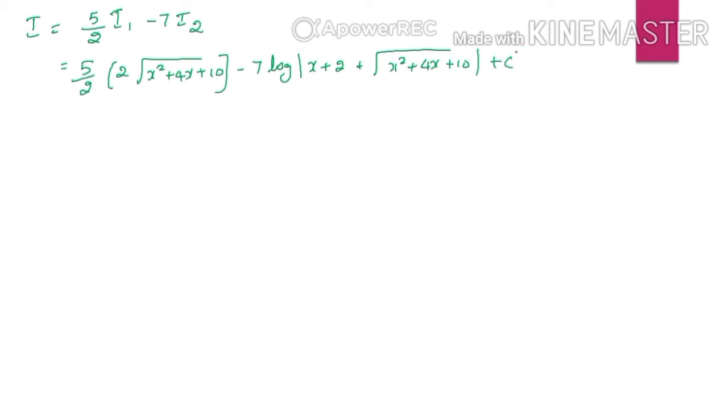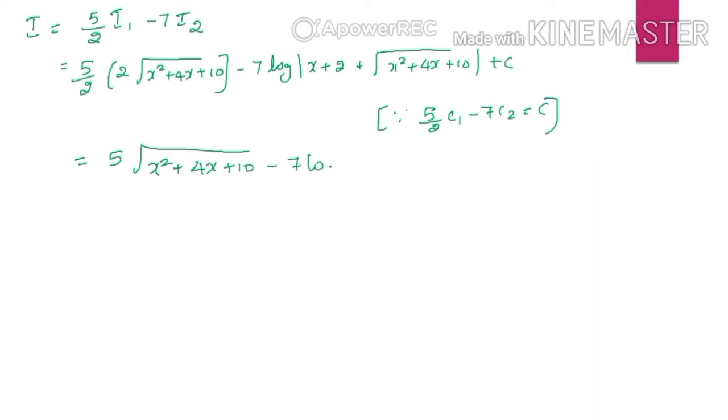Even though we have 5 by 2 c1 minus 7 c2, we get a single constant c. So the 2 gets cancelled, and 5 into square root of x square plus 4x plus 10 minus 7 log modulus of x plus 2 plus square root of x square plus 4x plus 10, plus c, will be the simplified answer.